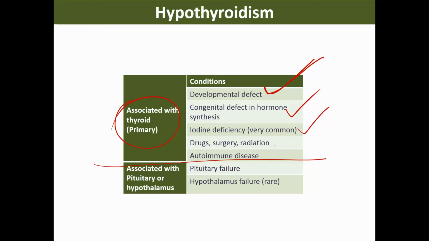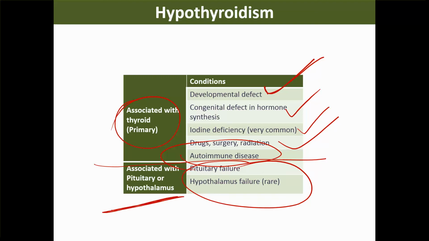Drugs, surgery or radiation can cause hypothyroidism, but nowadays the big problem is autoimmune disease of the thyroid gland, which produces hypothyroidism because it destroys the thyroid gland.